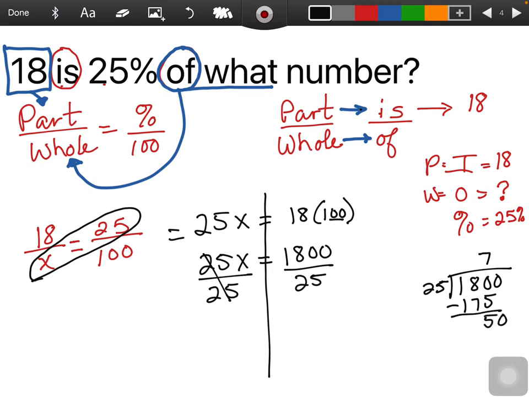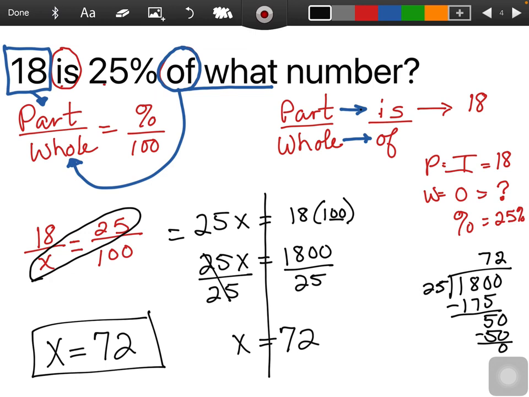Gives me 5. Drop down my 0. That is 2, because 2 times 25 is 50, with no remainder. So my x is equal to 72. So 18 is 25% of the number 72. There we go.